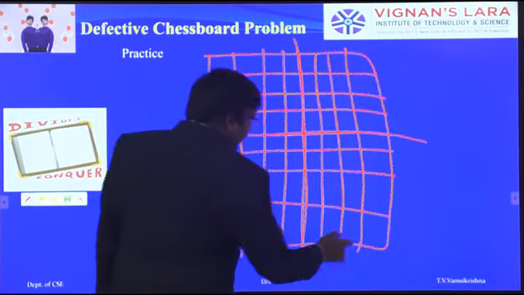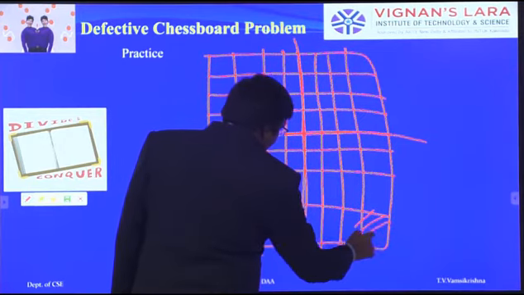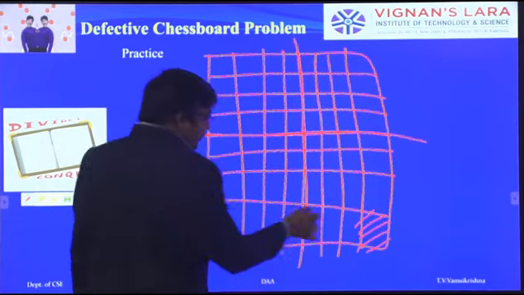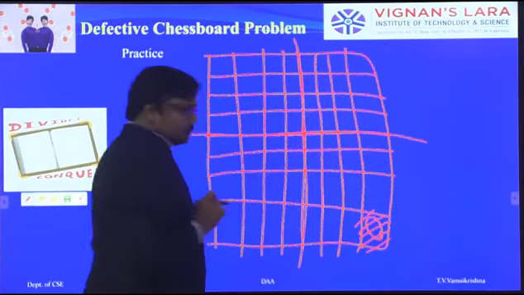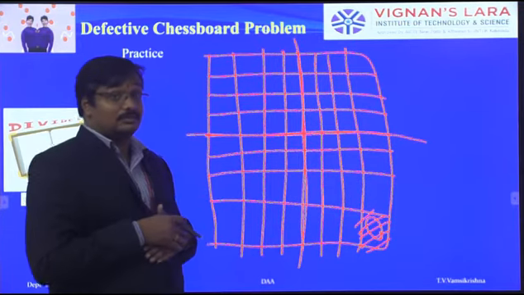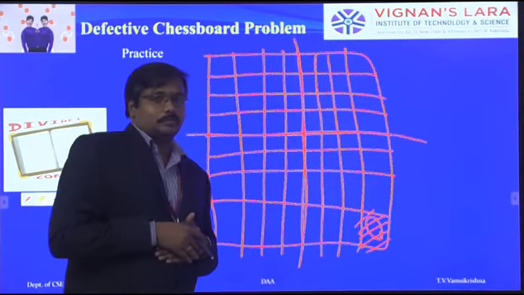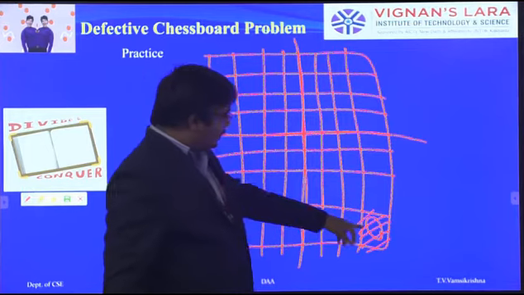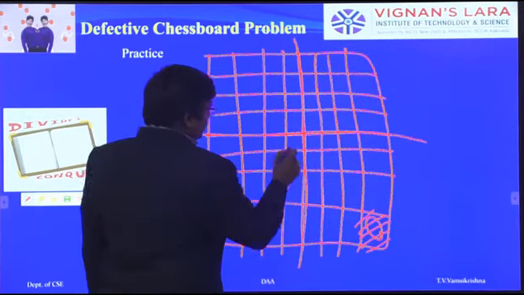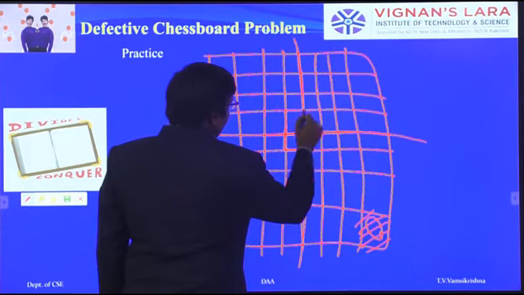Suppose I take a defective tile in the 8 by 8 chessboard like this. This is the original one, which is given in the problem. So we need to take 4 extra tiles in a triamino shape. Generally in this chessboard having a defective tile, one triamino is taken as defective tiles.